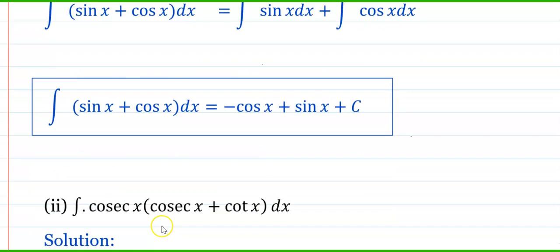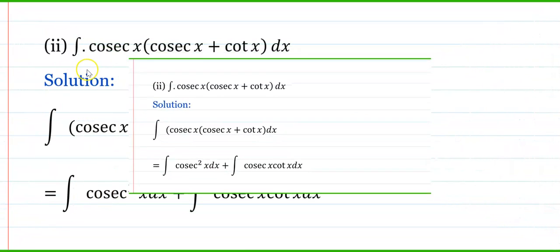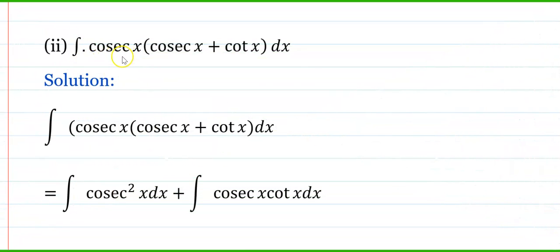Okay. Now the next problem. Integral of cosec x (cosec x plus cot x) dx. To find the integral of this, we will simplify it because we don't know the direct integral of this expression.